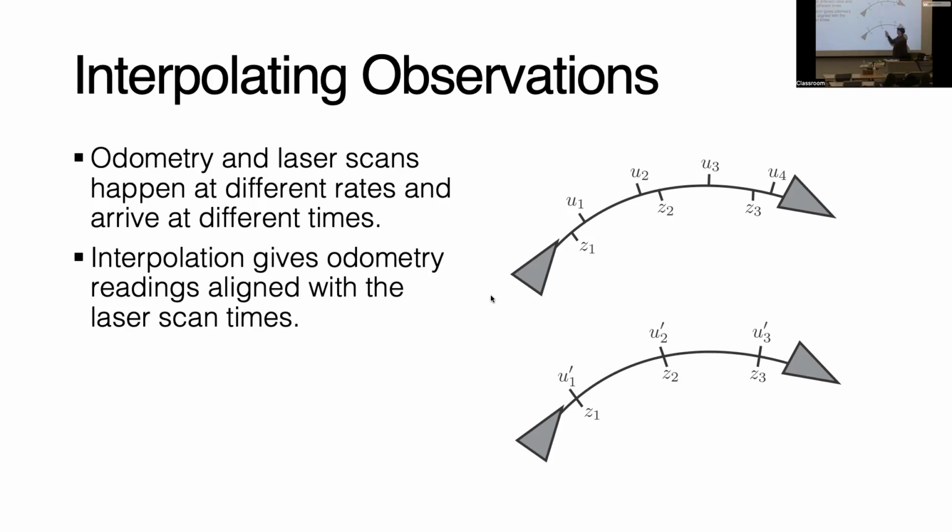The only way to do this, because we don't have so many poses and so many lasers, is to interpolate between them. We're going to interpolate the odometry readings that we have so that we can align them with the laser scan times. Each ray will have its own timestamp, and we want to know where the robot was when that particular observation was taken.